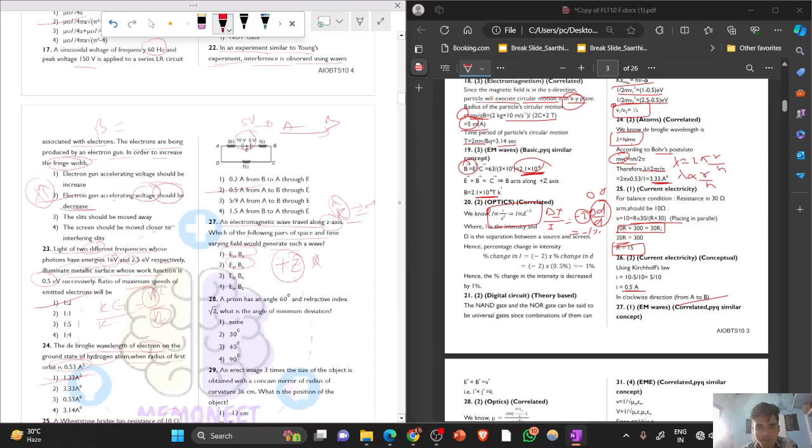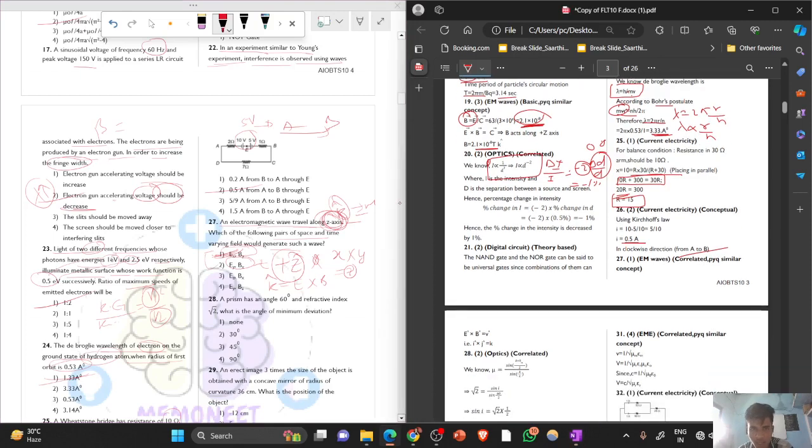So x cross y can only give the positive z, because you know that the propagation vector is given by E vector cross B vector. If E will be in y and B in x, so y cross x will give minus z. So only the first option will be the correct answer, and it is in the plus z axis. If it is in both, first and second will be correct. But if it is plus z, first will be correct. If it is minus z, second will be correct. Understand?